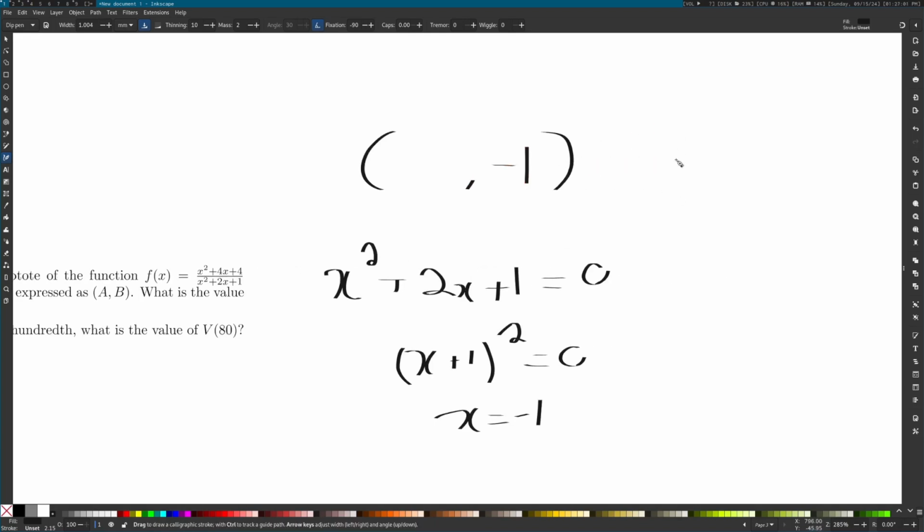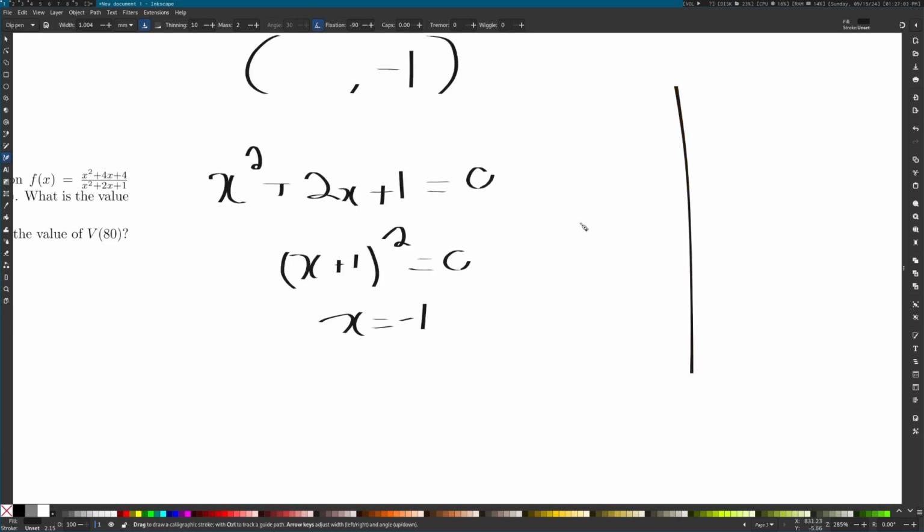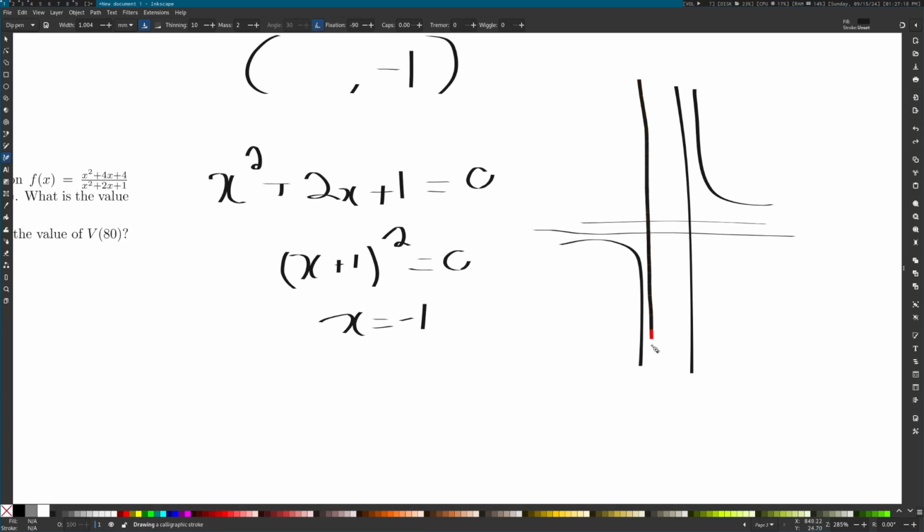The reason I'm putting it in the y-coordinate is because let's just imagine our function is something like this. And the horizontal asymptote acts like an x-coordinate, and the vertical asymptote would tell you the y-coordinate.